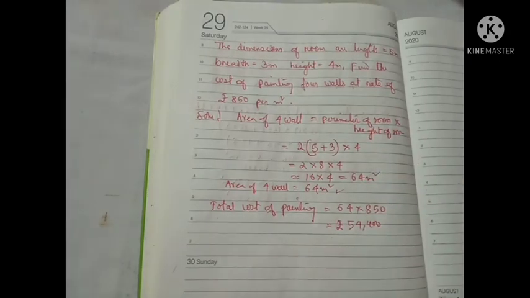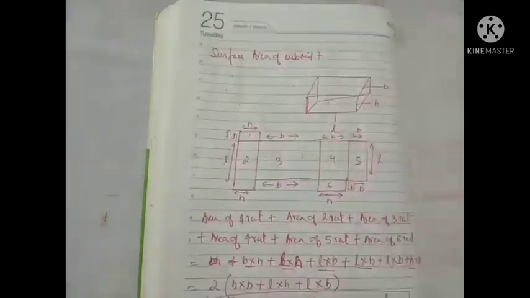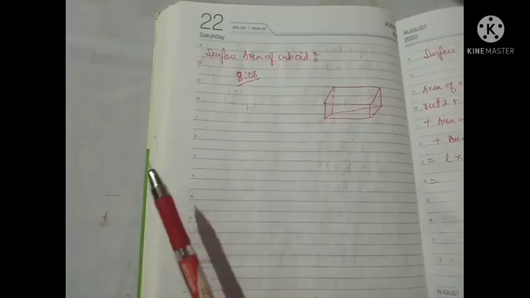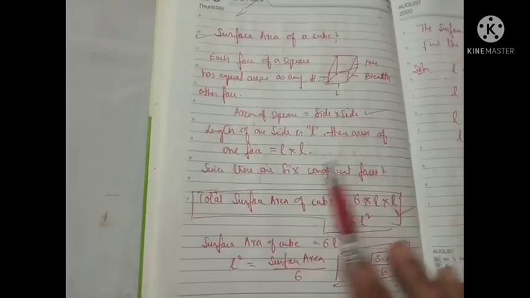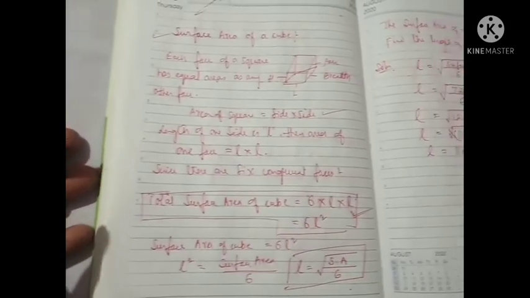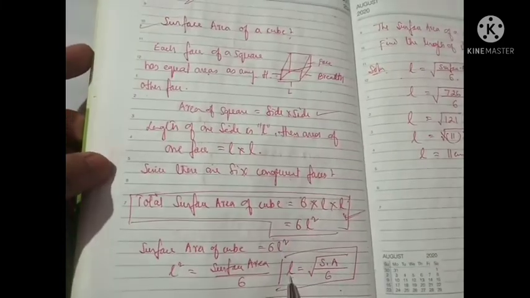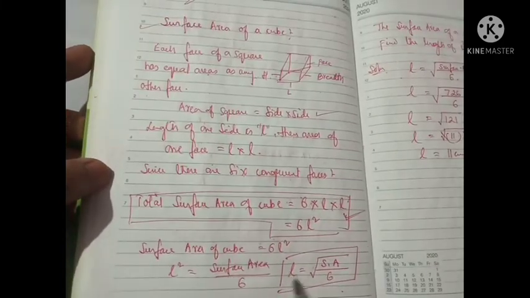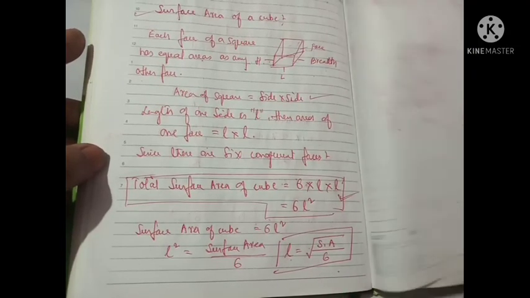So today we have discussed the surface area of the cube. Surface area of the cube is 6L square. And if you want to find out the length of the cube, length of the cube equals square root of surface area divided by 6.